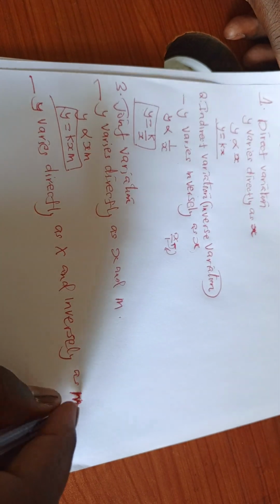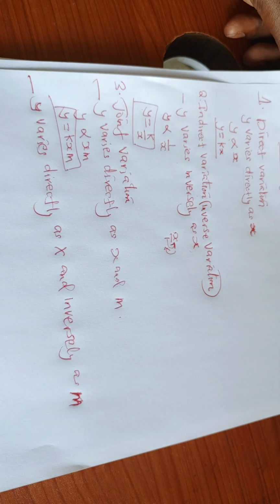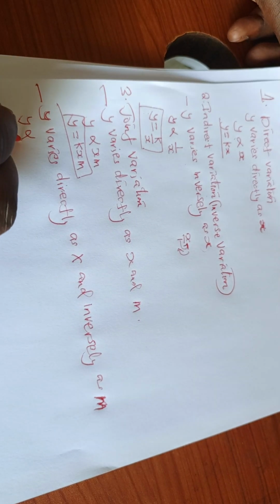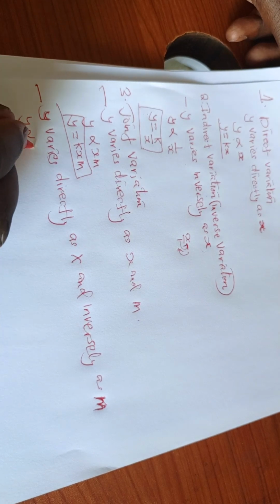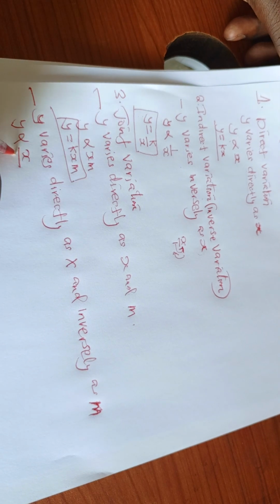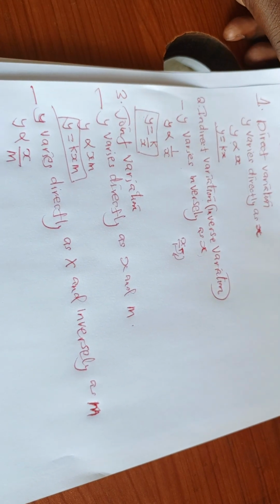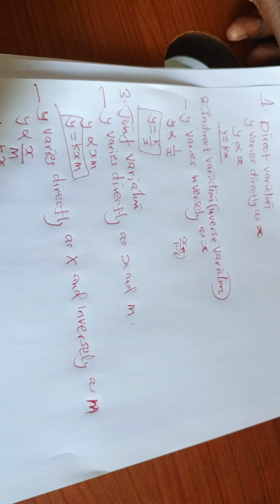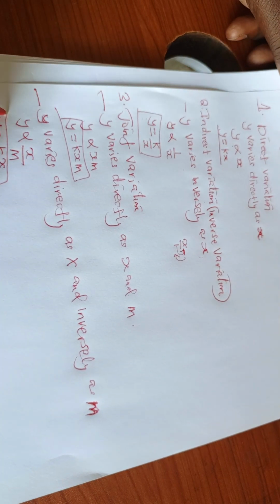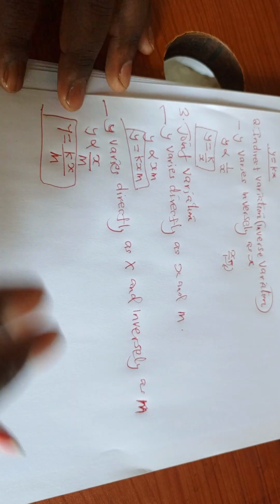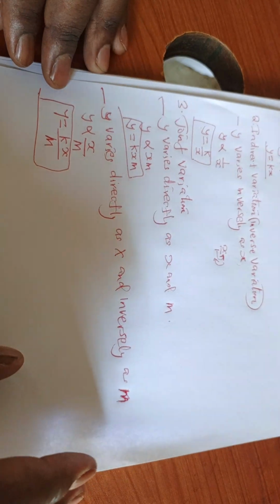Which means we're going to say y varies direct, meaning direct here, as x. And inverse, so inverse means over, inverse as m. So which means we're going to say y is equal to, we'll put k now here, k x over m. So this one will be our equation under this statement.